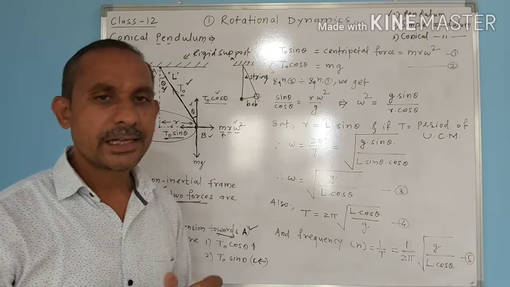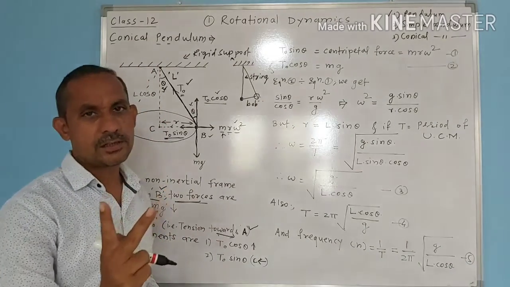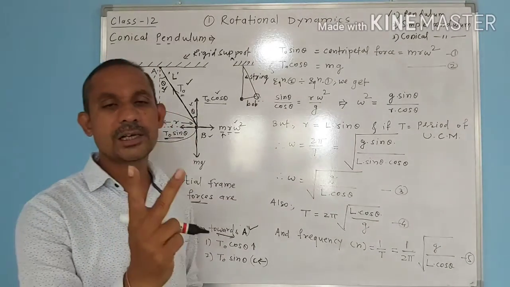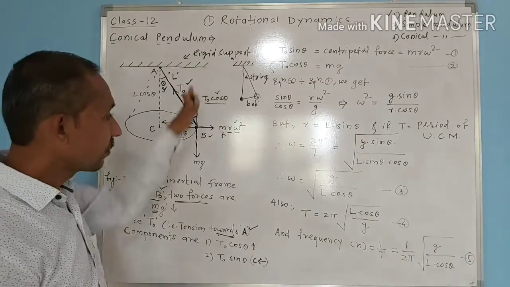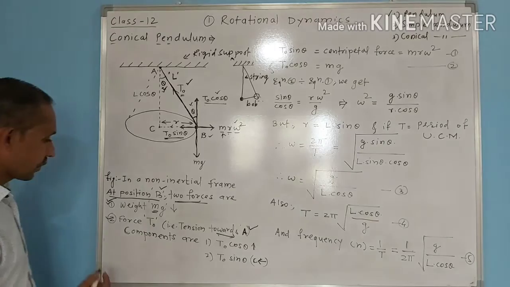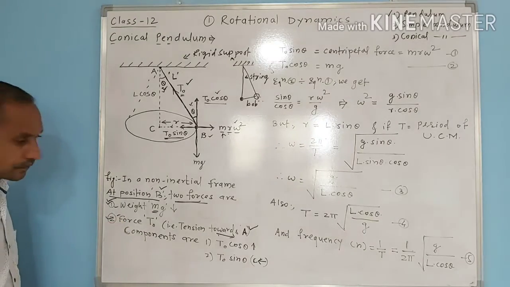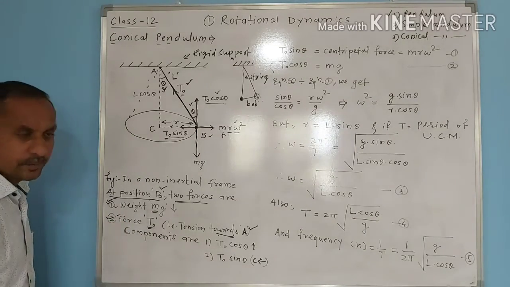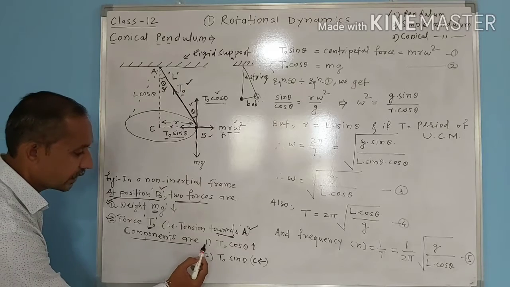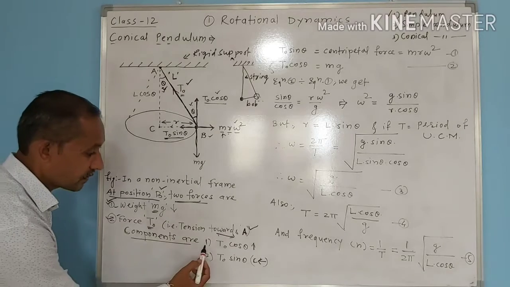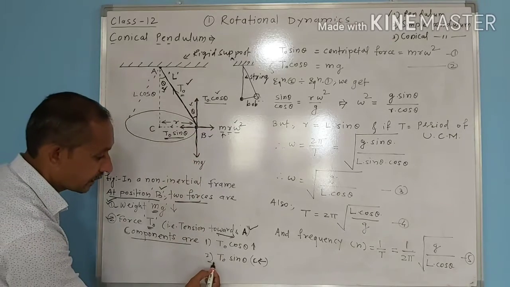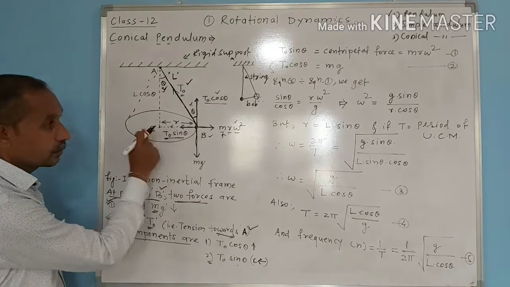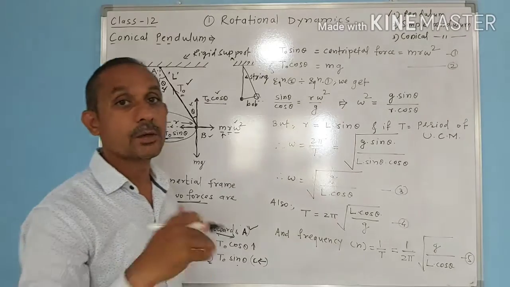Is it clear? Then write the two relations for this problem. Write the two relations related to the horizontal and the vertical directions. So the force T0 is resolved into two components. First component is T0 cos theta, in the vertically upward direction. Second component T0 sin theta, directed towards the center. Now write the equations.